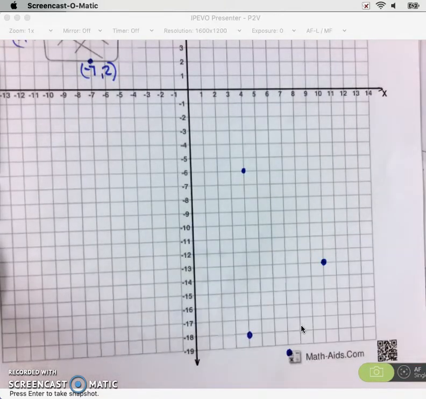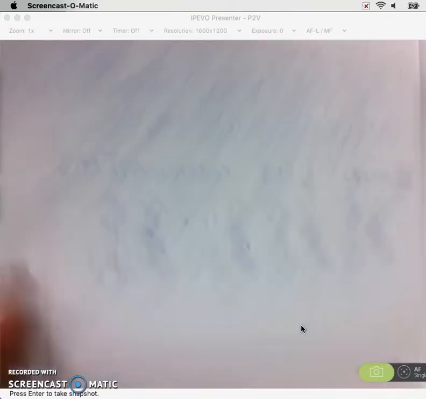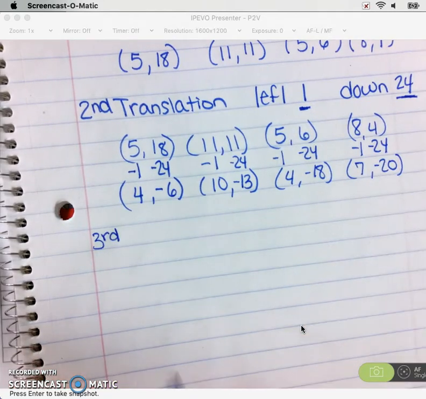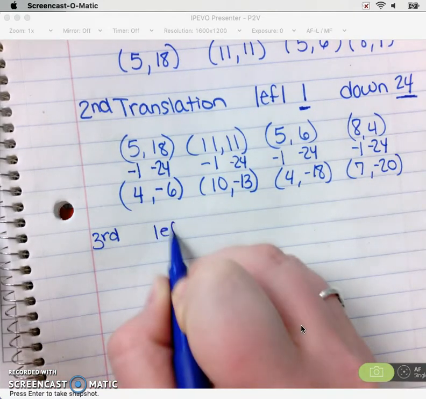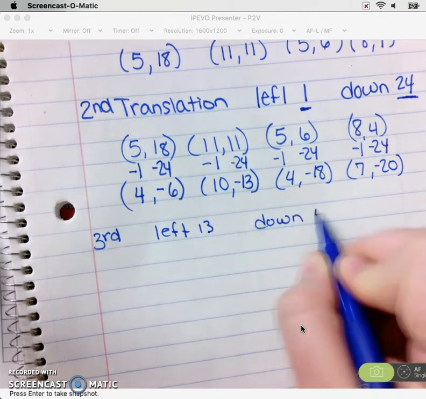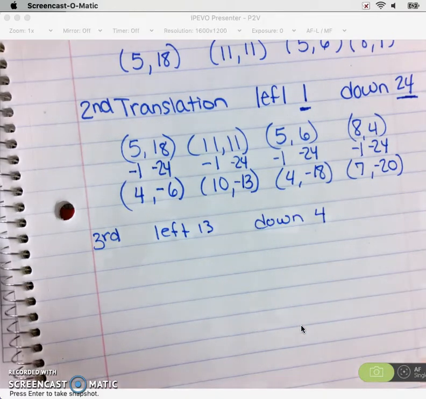Okay, and then this one, my third translation, or my last one, is going to be left 13 and down 4. Well, this one is going to go way off of my graph because of my last point, but that's okay.